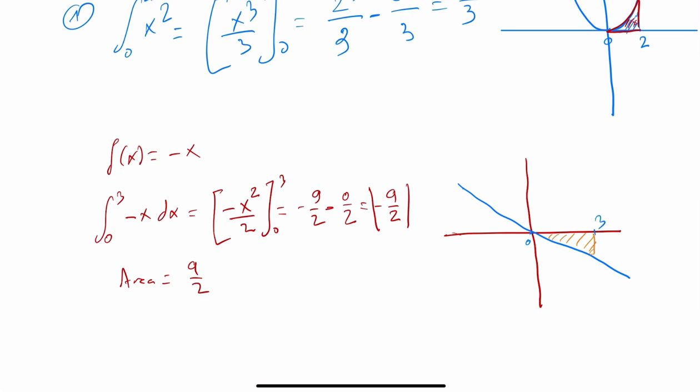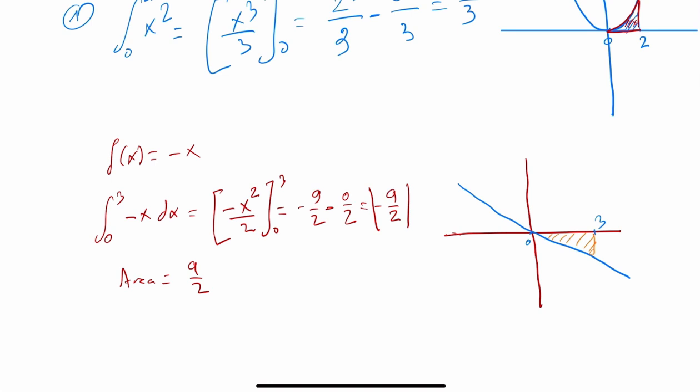Okay, so how about the mixed area? Sometimes a function also crosses the x-axis, meaning part of the curve is above and part of the same function is below.